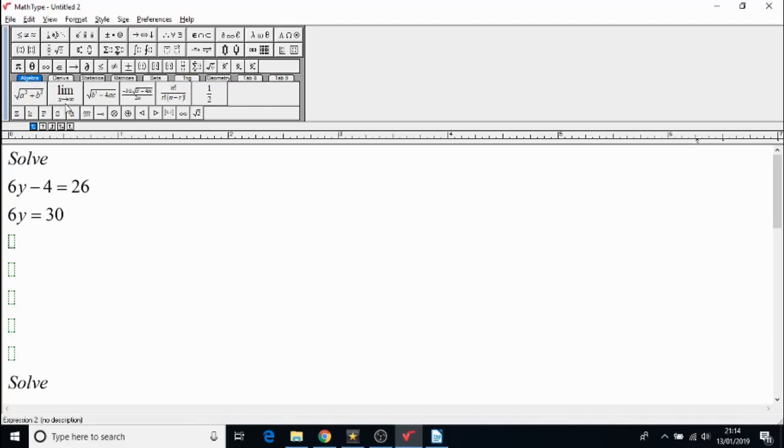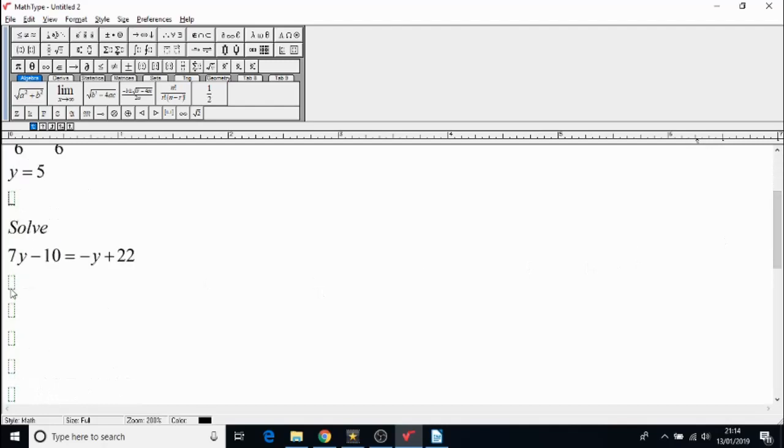So the same way you divide 6y by 6, the same way you divide 30 by 6. And you should get y: 6y divided by 6 is equal to y, and 30 divided by 6 is equal to 5. Therefore, you've solved your first problem. y is equal to 5.